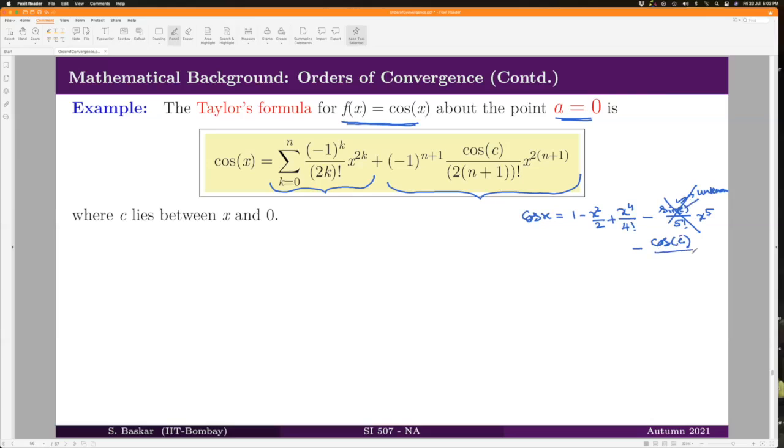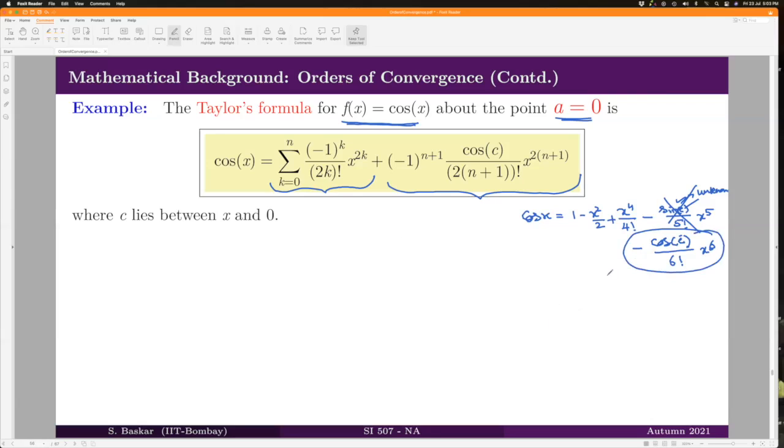Both are unknowns, therefore I don't mind using the same notation here, divided by 6 factorial into x power 6. There I told you that I will give you the reason for why we prefer to take this as the remainder, especially from the numerical analysis point of view.